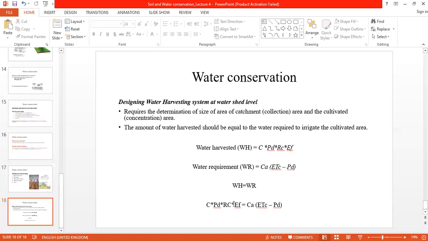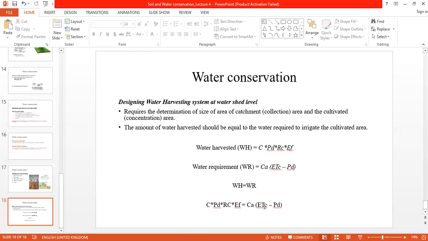Then the efficiency is one that you determine as an expert, to say that in this area usually the efficiency is this, depending on the evapotranspiration and other things. Then the crop water requirement, you will know.